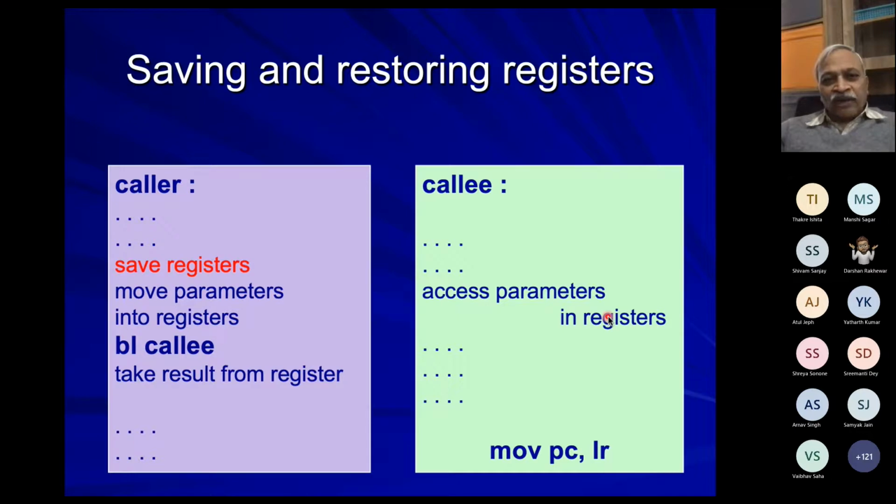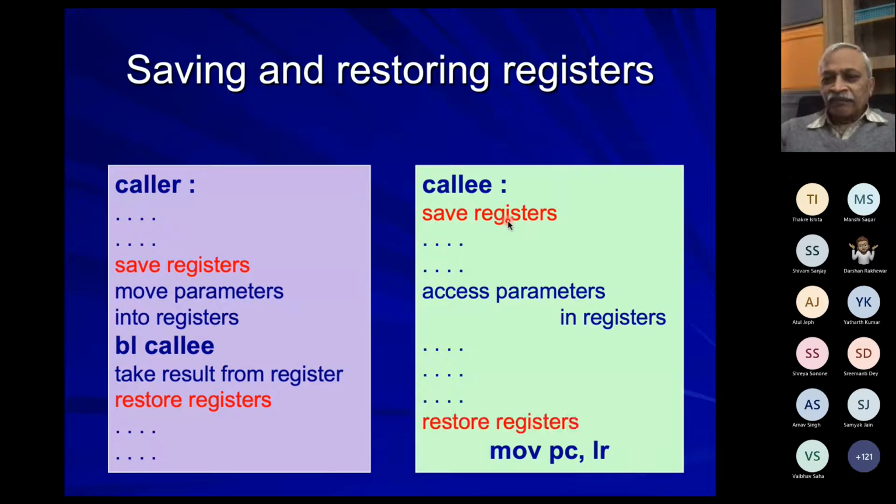Caller will save the values it needs to preserve across the call. So R0 to R3 and R12, if those values are required, they need to be saved and restored. On the other hand, the registers other than R0 to R3 and R12, if any registers are to be modified, their old contents must be saved right in the beginning and they can be restored at the end.